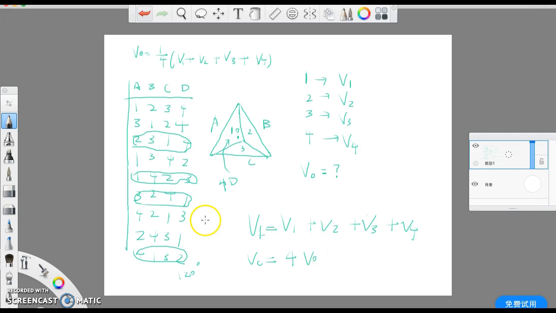Because all the faces have equal potential, the center must have the same potential as the faces, because we can treat the superposed tetrahedron now as an equipotential body. So they have to be equal. Now we have 4V0 equals V1 plus V2 plus V3 plus V4. We get this formula.